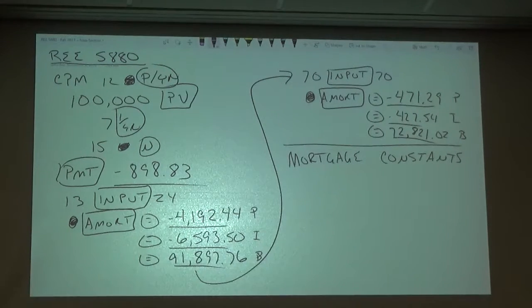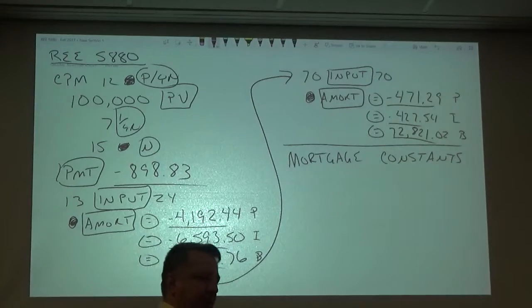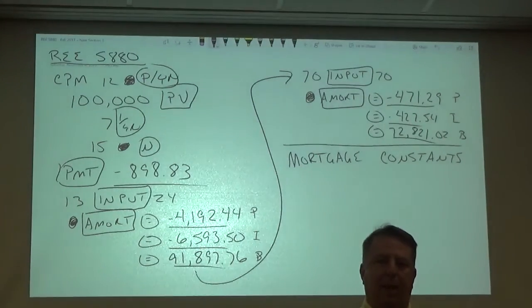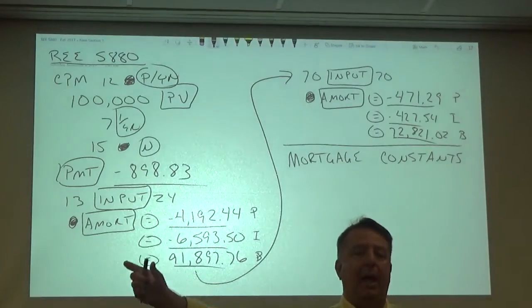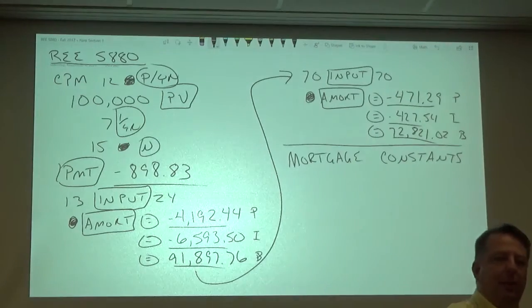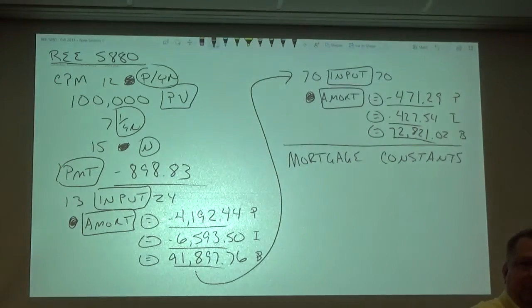So specifically, what a mortgage constant is: we can have a monthly mortgage constant or an annual mortgage constant. The monthly mortgage constant is going to be a number that you can multiply by a loan amount to get the monthly mortgage payment.